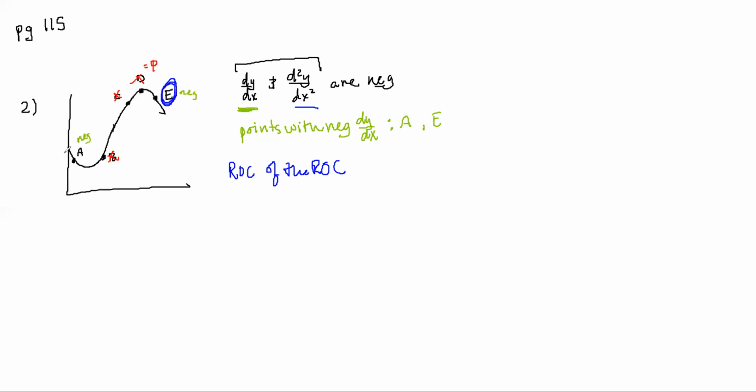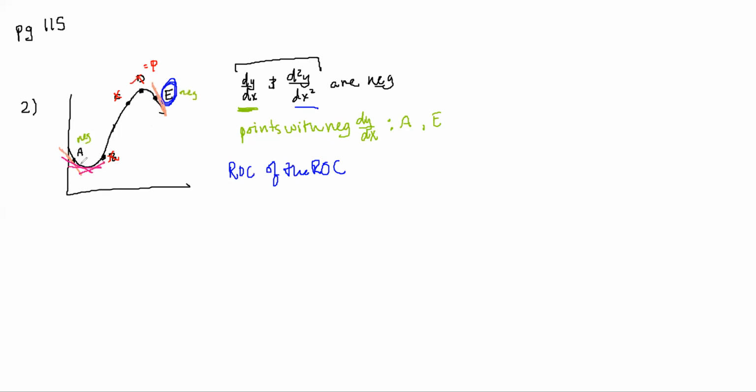Because if we draw this tangent line for A, and then we draw this tangent line for E, what we need to look at is what's immediately happening right after that. As x increases, is this tangent line going to flatten out and get closer to 0 and then become positive as it does in this area right here?